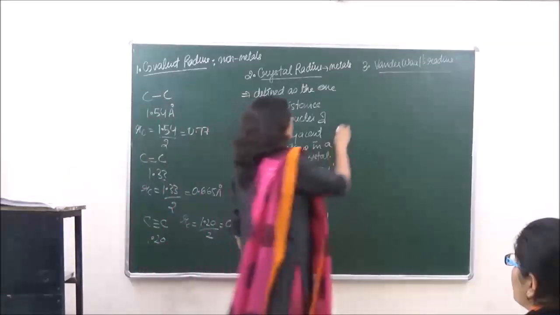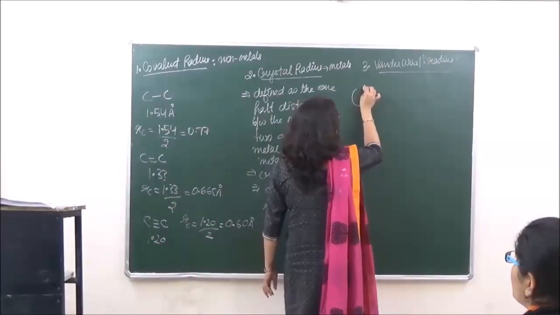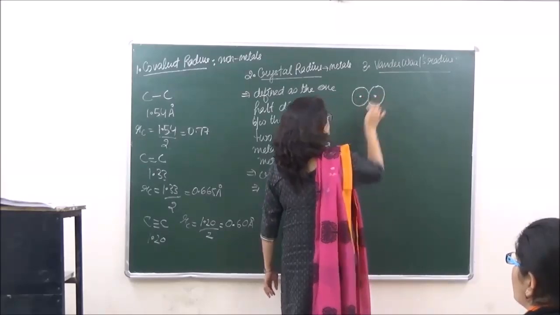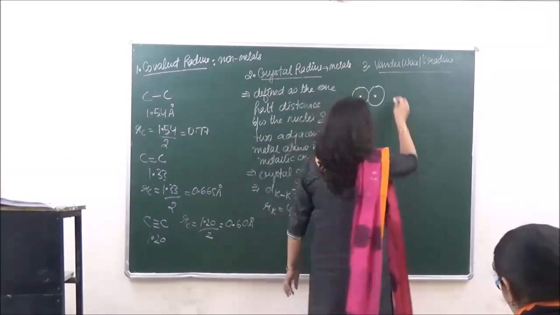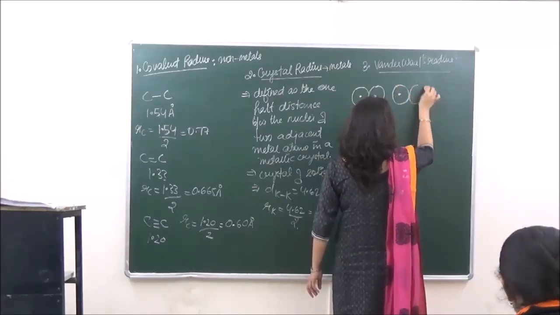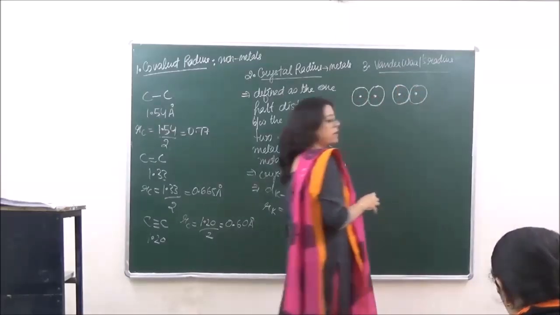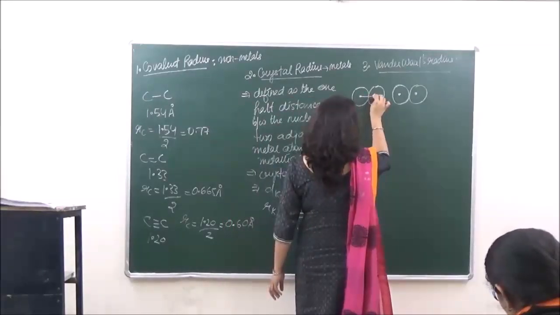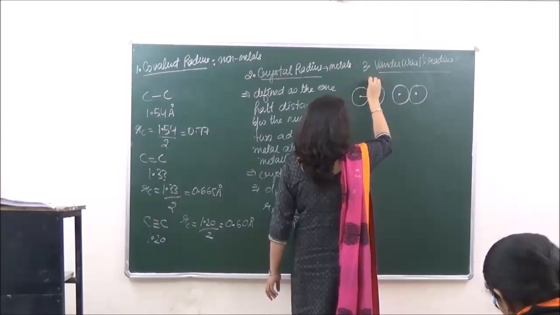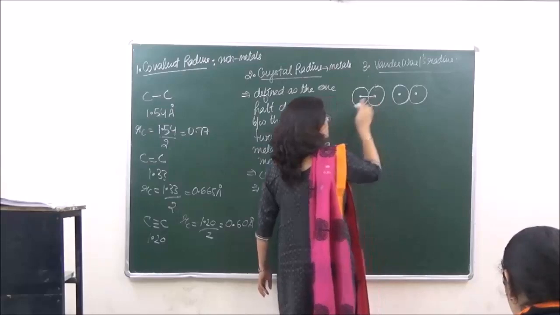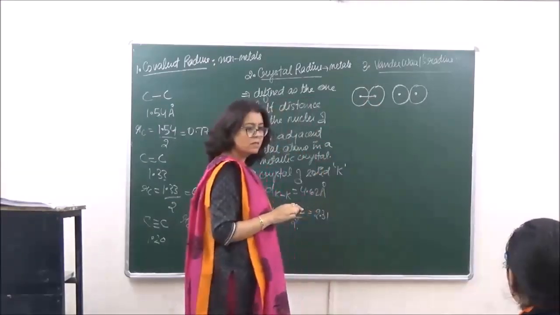So in this case, if we have one molecule over here and another molecule over here, and we take the distance between the two as this, then the half of this is going to give us the atomic radius.